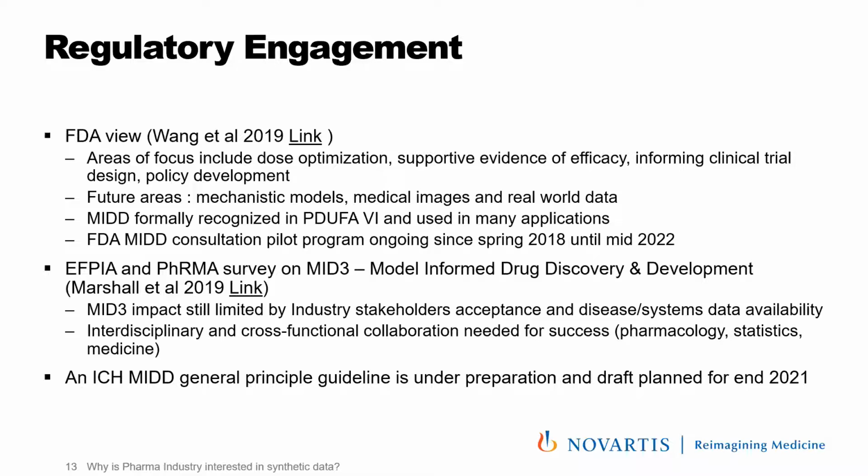For success, they recommend cross-functional collaboration of many different areas: pharmacology, quantitative disciplines like statistics, as well as medicine. I think it's also interesting, just to conclude, that the ICH plan to release a draft guidance on model-informed drug development by the end of 2021.